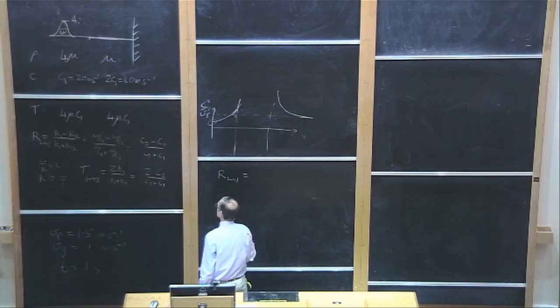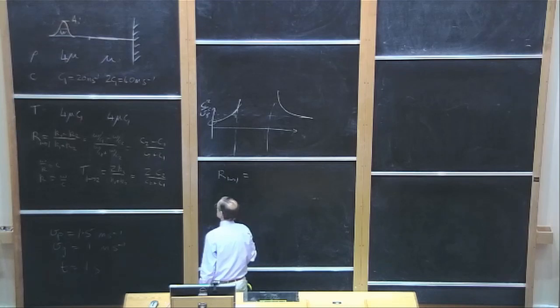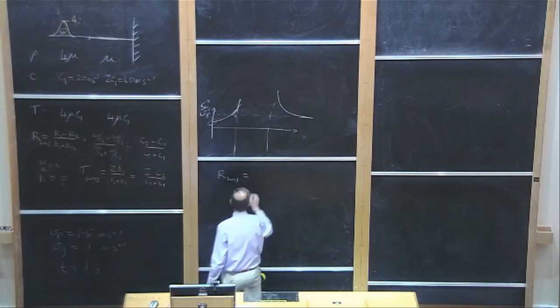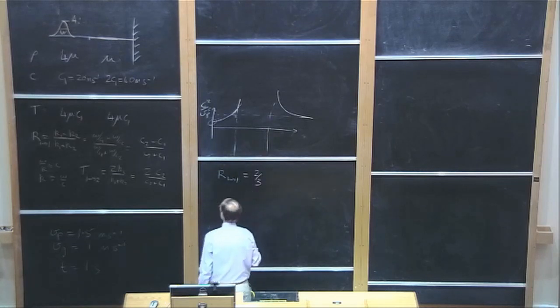From 1 to 1 is 40 minus 20 is 20 over 40 plus 20 is 1/3.